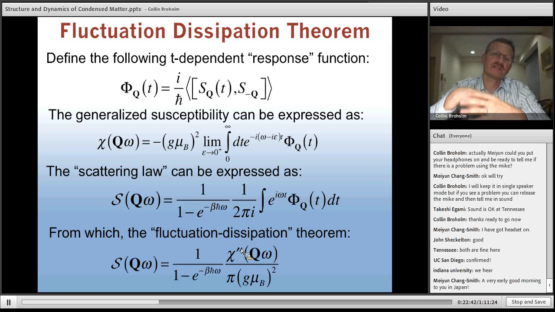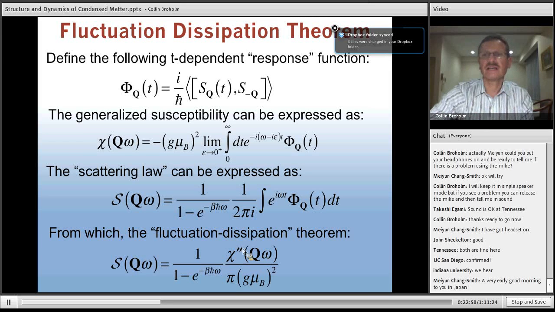But as soon as we talk about finite frequency susceptibility, then we have to be ready for a potential phase shift in the response to the time-dependent field. And that's what's reflected in having a real as well as an imaginary part to the dynamic correlation function.